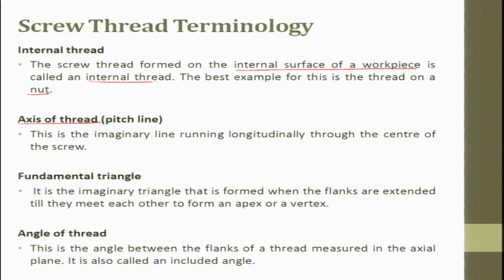Next one is the fundamental triangle. This is the fundamental triangle. It is the imaginary triangle that is formed when the flanks are extended till they meet each other to form an apex or vertex. What will happen generally in a screw thread? It will be something like this. This will be a screw thread, but if you try to project it, it forms a fundamental triangle.